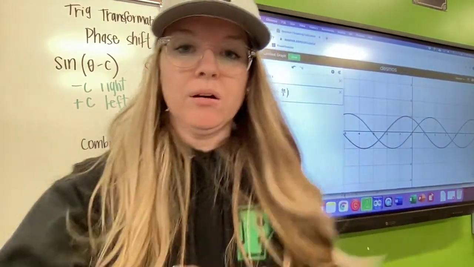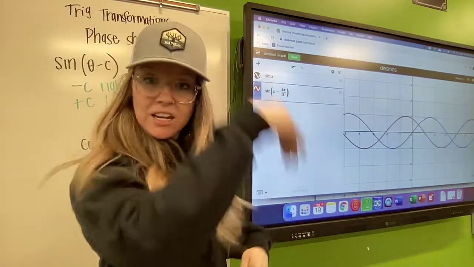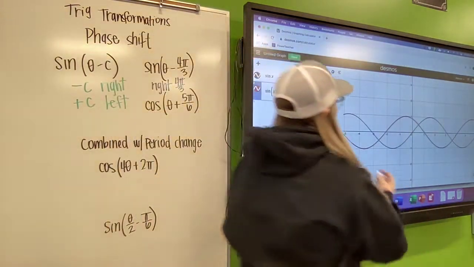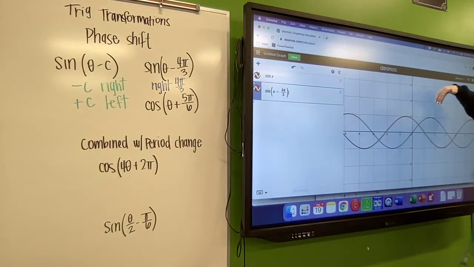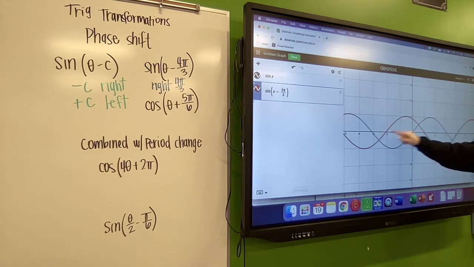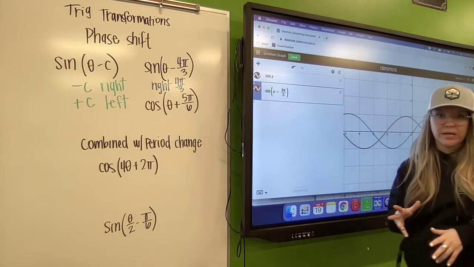Whoops, there we go. That's kind of cool, DNA looking. I've taken my sine graph right here, and I've moved it to the left. So we can see this peak moved to the left. This starting point, our midline, moved to the left, 4 pi over 3.